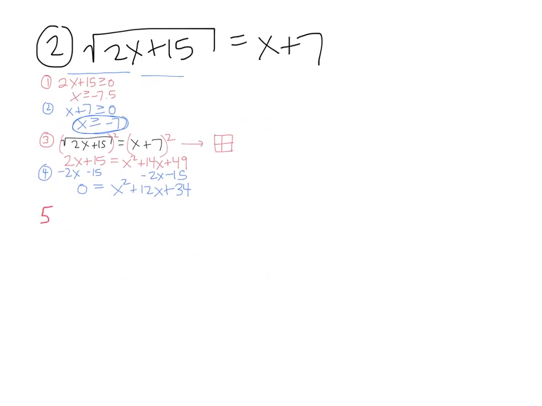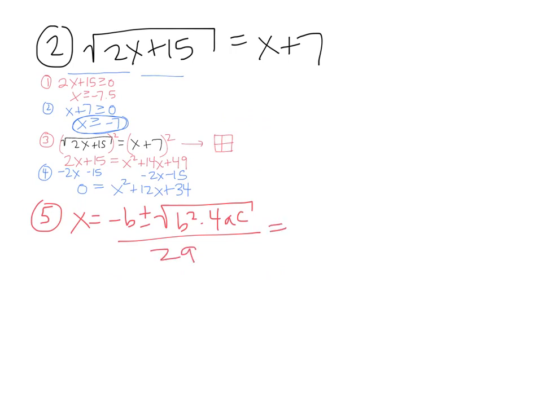So we're on step 5 where I'm actually solving the resulting equation. I know that the quadratic formula says that x equals negative b plus or minus the square root of b squared minus 4ac, all over 2a. So if I plug in what I know, I'll get negative 12 plus or minus the square root of 144 minus 4 times 34, all divided by 2.